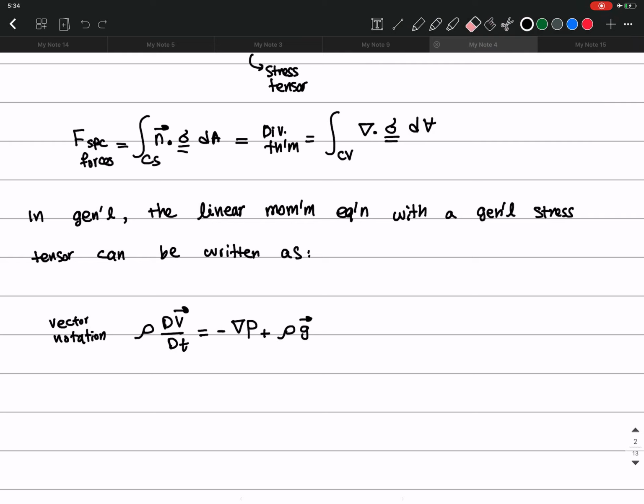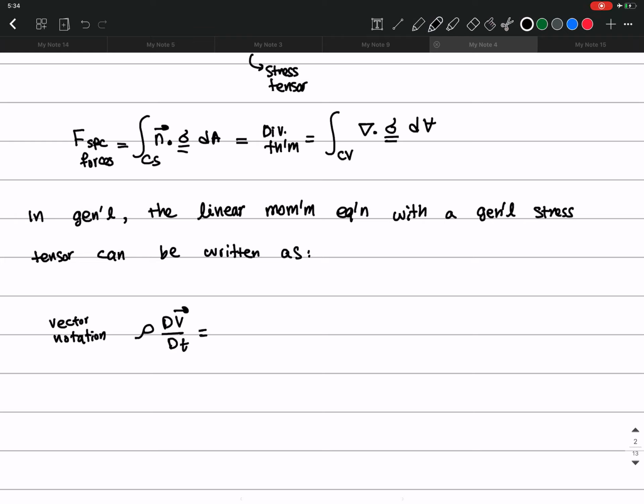I still have this rho g, but now I have a general form of stress forces, which can include both shear stress and pressure forces. These are surface contact forces, right? So the left hand side is again MA equals the sum of the forces.